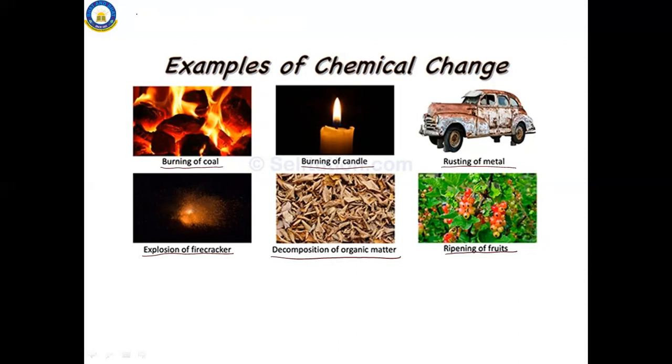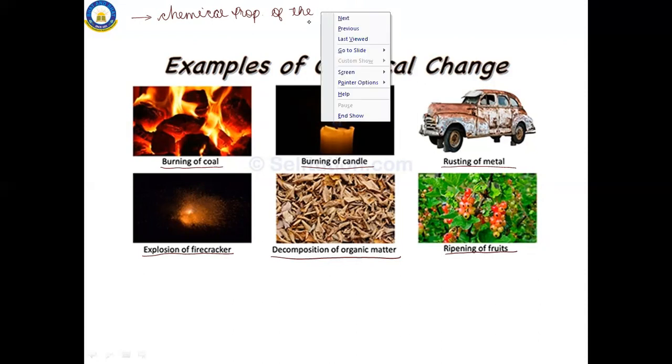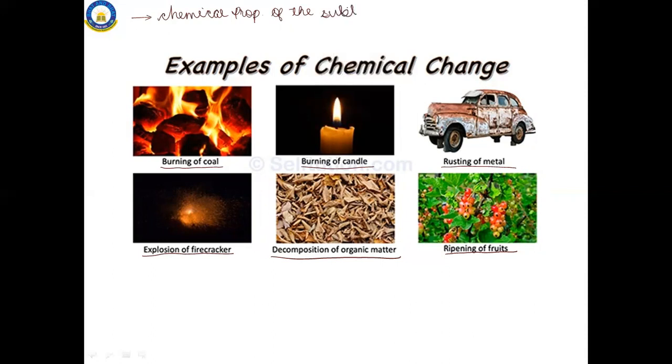When I summarize everything under chemical change, what is the first point here? The chemical properties of the substance are altered.